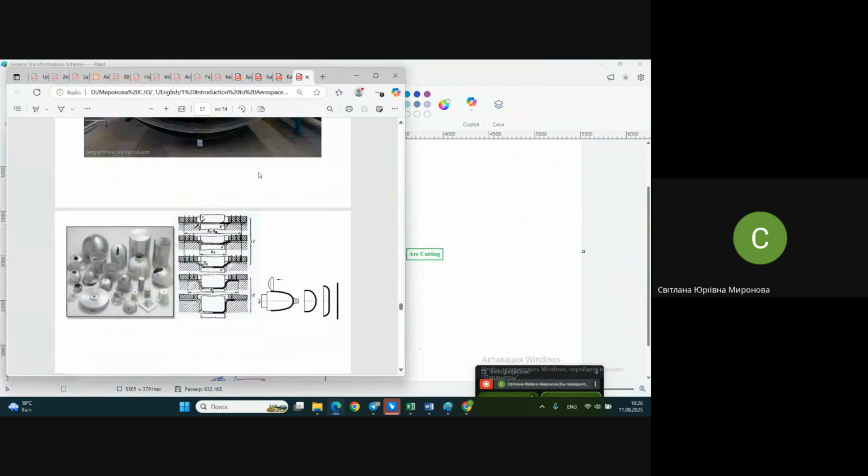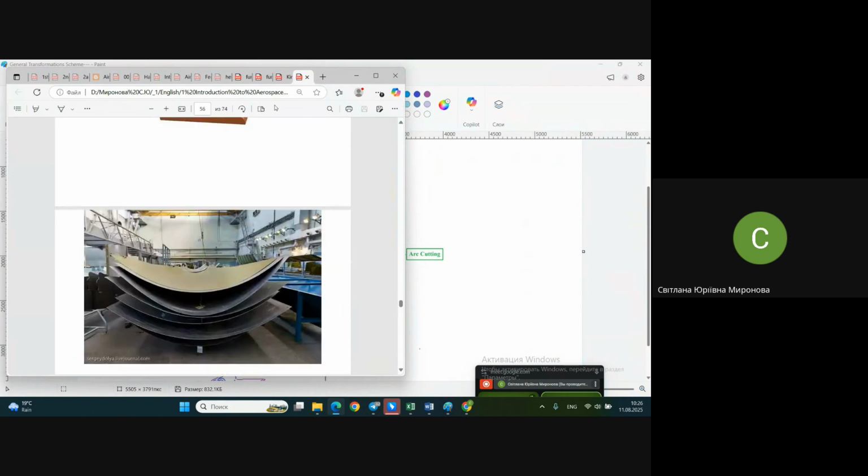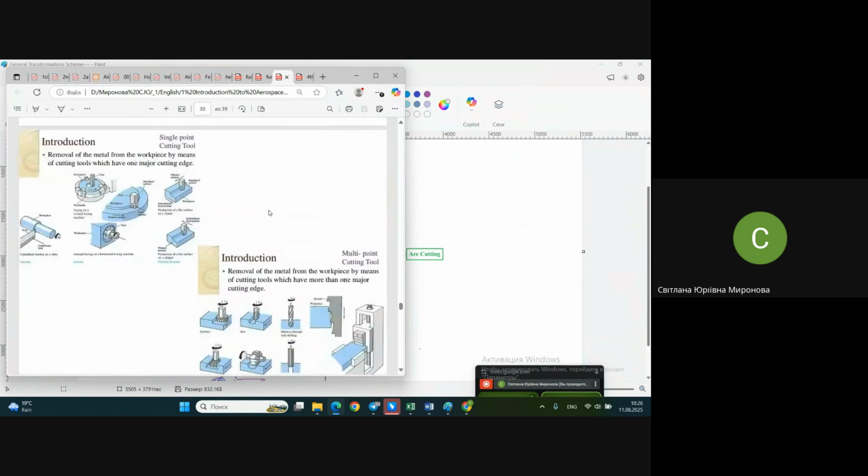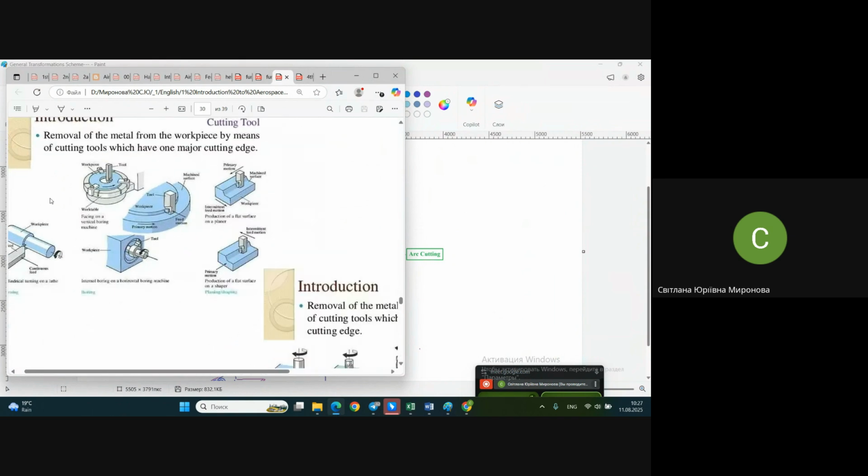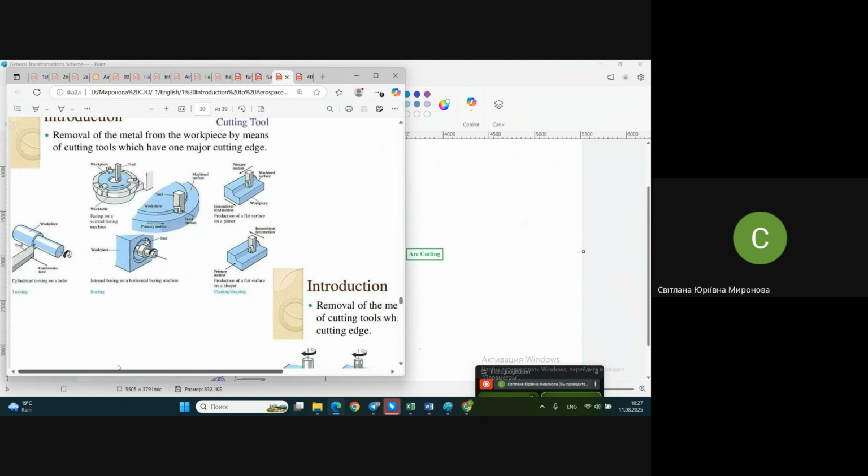Let me show you. Wait, where did it disappear? Maybe here. Oh, yep. You see here the so-called single point cutting tool, removal of metal, different variants of machine.